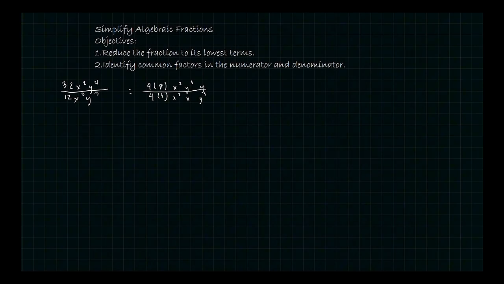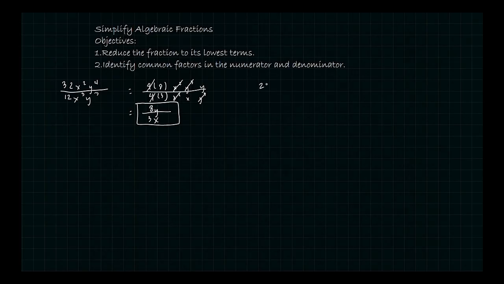The same goes for y raised to the power of 4, and we have y cubed times y, then copy y cubed in the denominator. Cancel out the common factor, which is 4x squared y cubed. Now we have 8y over 3x as our final answer.